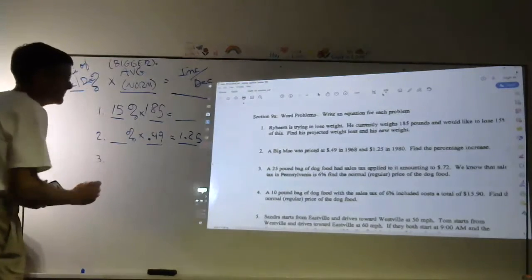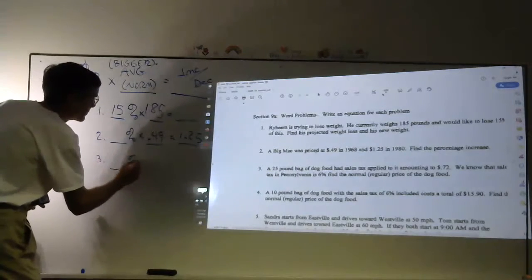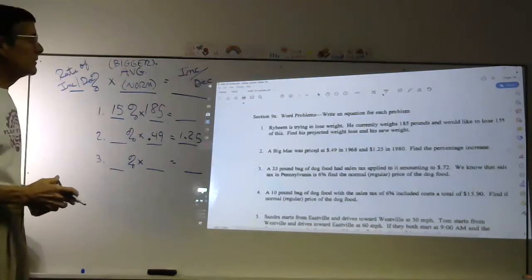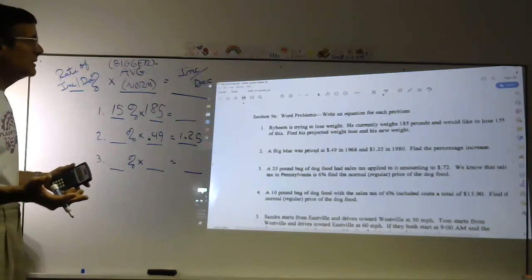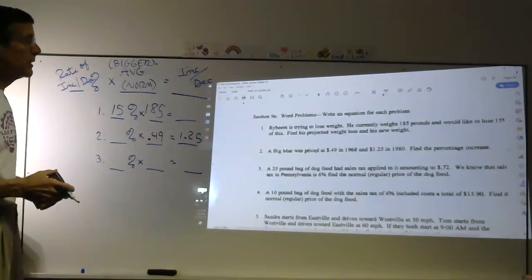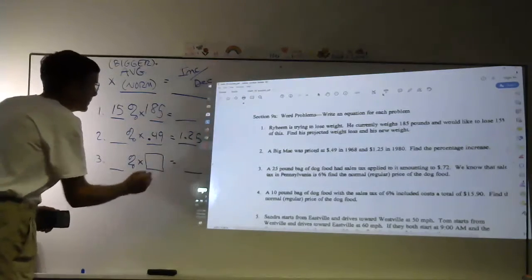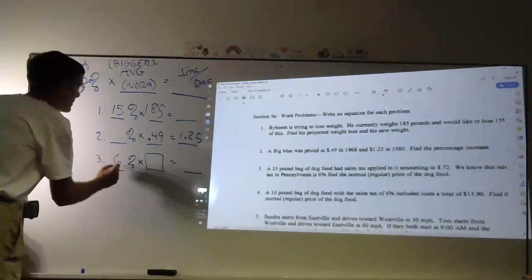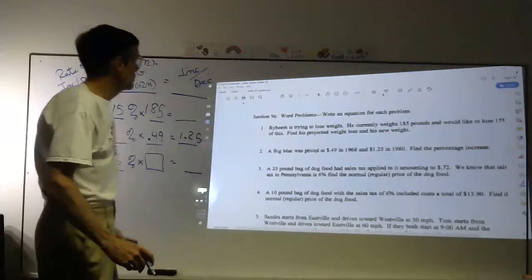Number 3, 3 blanks. A 25-pound bag of dog food had sales tax applied to it. We know sales tax in Pennsylvania is 6%. Find a normal or regular price of the dog food. So the normal or regular price of the dog food, we have no idea. We know that the sales tax in PA is 6%, and we know the sales tax was 72 cents.